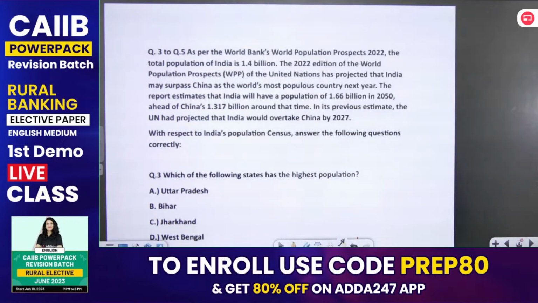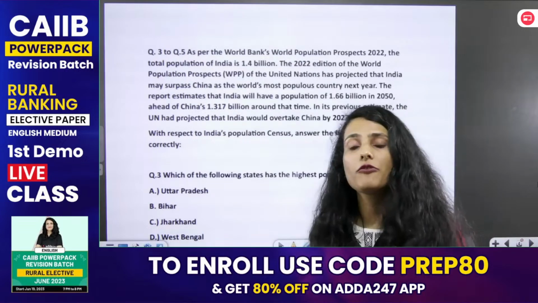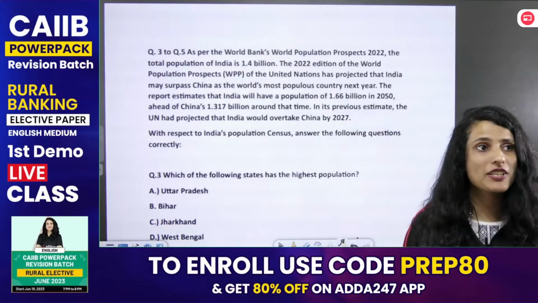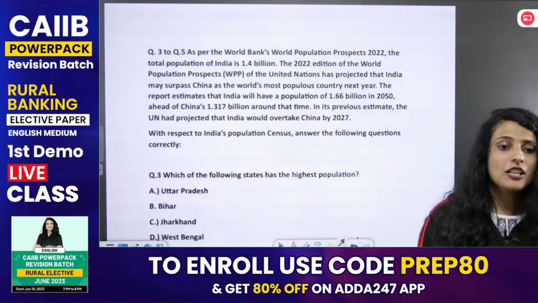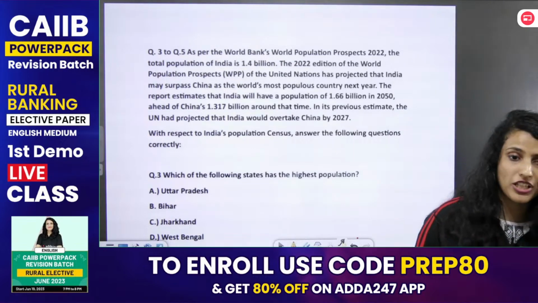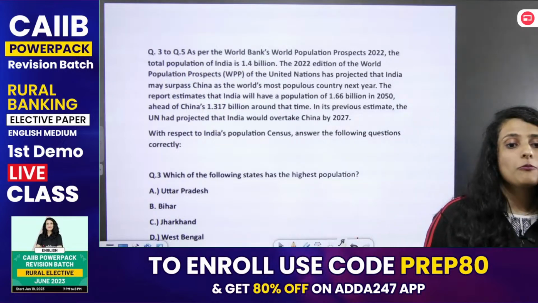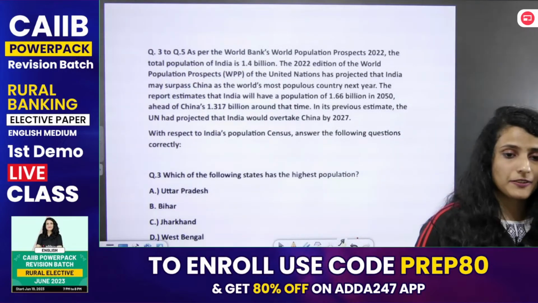As per the World Bank's World Population Prospects of 2022, the total population of India is 1.4 billion. The 2022 edition of the World Population Prospects of the UN has projected India may surpass China as the world's most populous country next year.